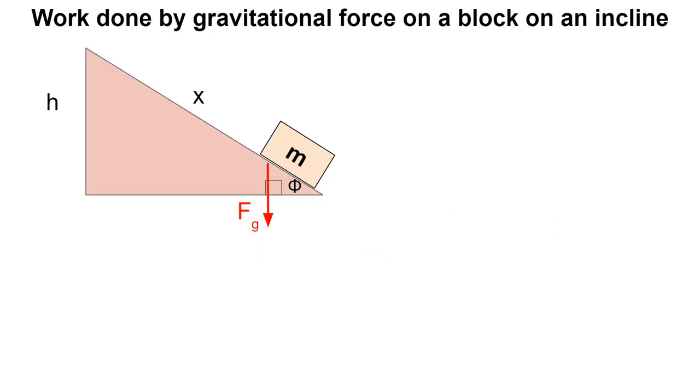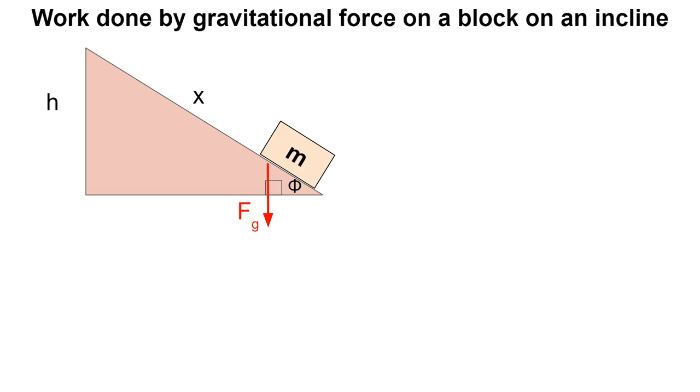I'm going to look a bit closer at this whole issue of gravitational work, the work being done by the gravitational force on an incline. So I'm looking at a very, very general example. In this example, I have a general height, h, and I have any incline that has a slope with a distance of x, and I've got a mass going down there, and the angle for my incline is just called phi.